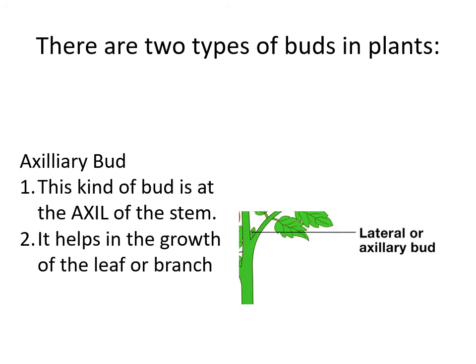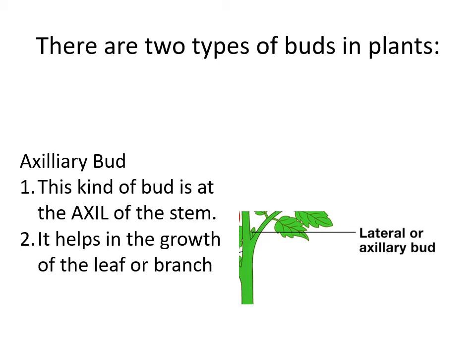The axillary bud, which is also called the lateral bud, is a bud at the axil of the stem. Lateral means in the side. And children, it helps in the growth of the leaf or branch.